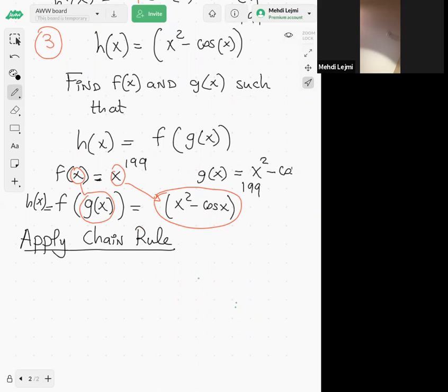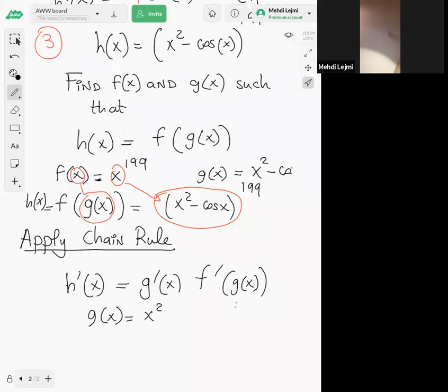Then h prime of x is g prime of x times f prime of g of x, right? So we need g prime of x. We said g of x is x squared minus cosine of x. Here it's not a quotient or a product, it's just a subtraction.